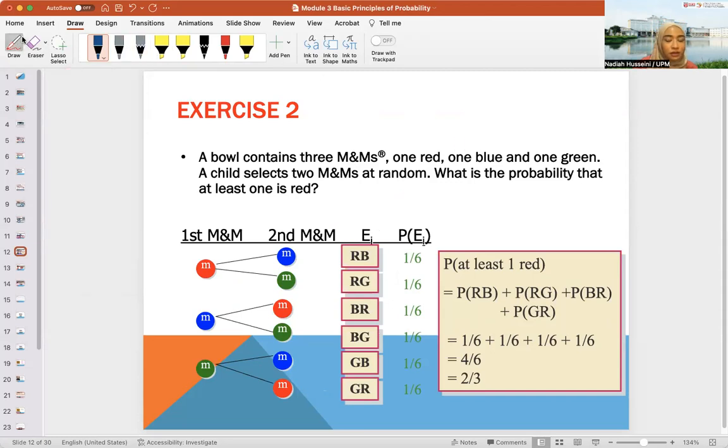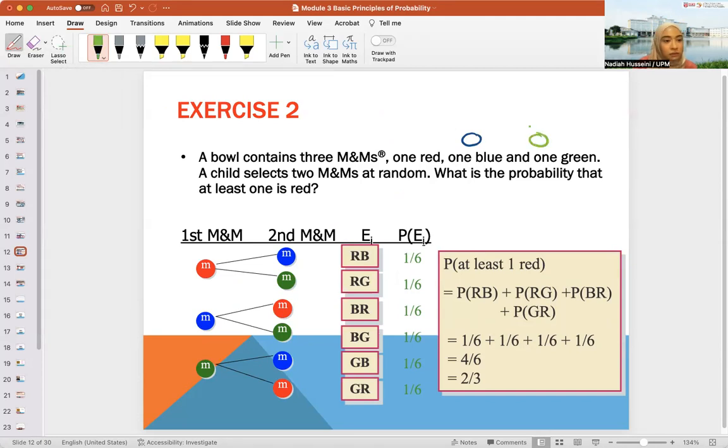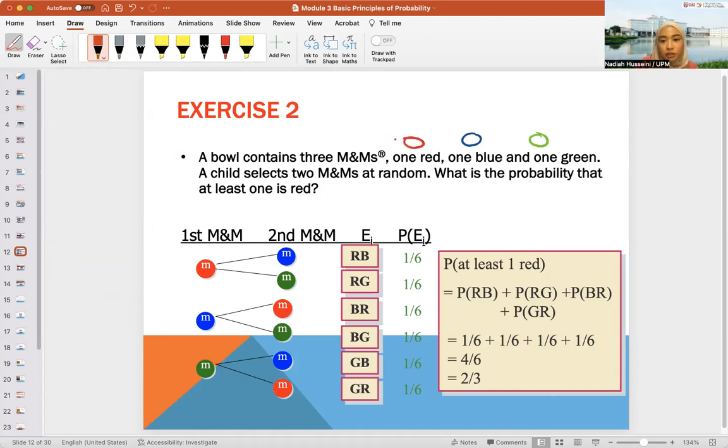This is blue. 1 red, 1 blue, and 1 green. So M&Ms are supposed to be circle, but this is an Eclipse M&Ms. It's my brand. Okay, so you have these 3 in a bowl. My bowl is red. Don't really care about the bowl.